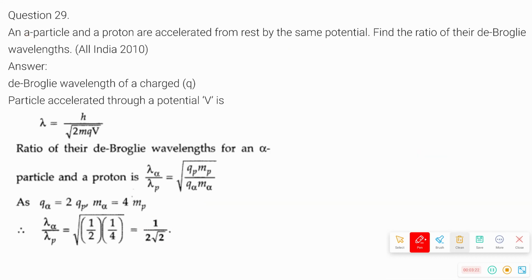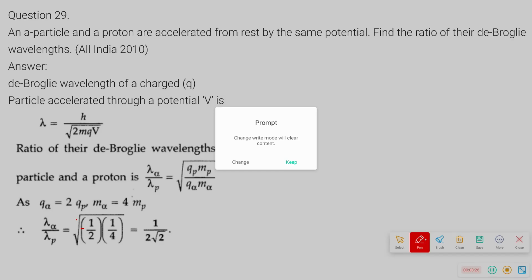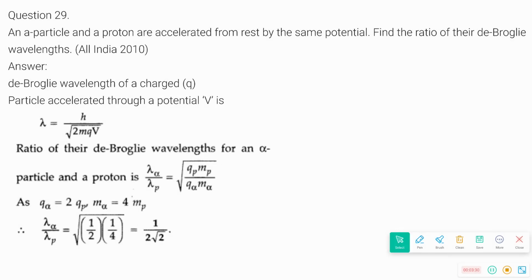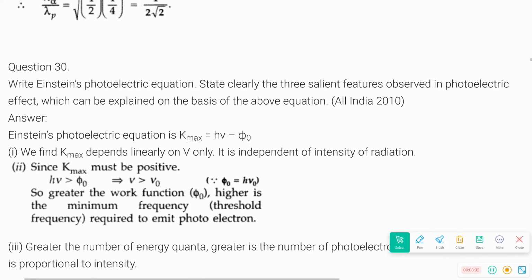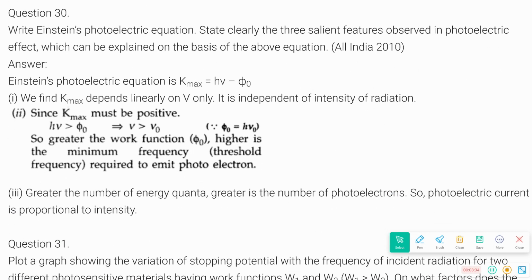Now come to the next question. Now write Einstein's photoelectric equation. What is Einstein's photoelectric equation? K max equal to h nu minus phi naught.